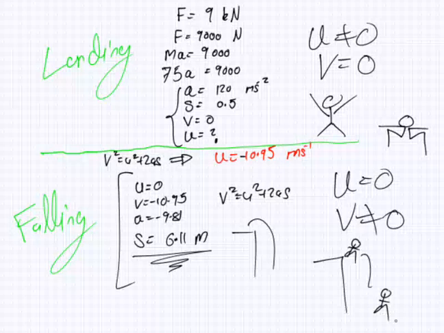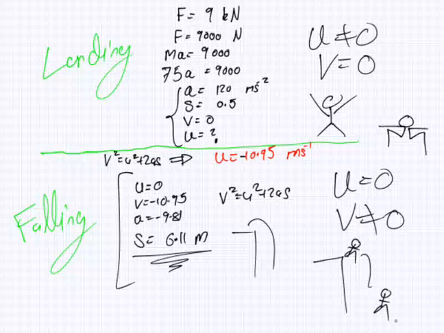What was his mass? 90 kilos? Was he that heavy? No, he was only 75 kilos. So 75A equals 9,000. So A equals 9,000 divided by 75, which is 120 meters per second squared.